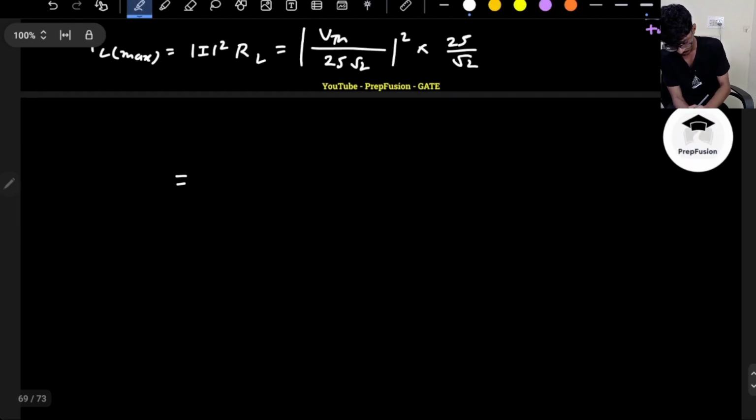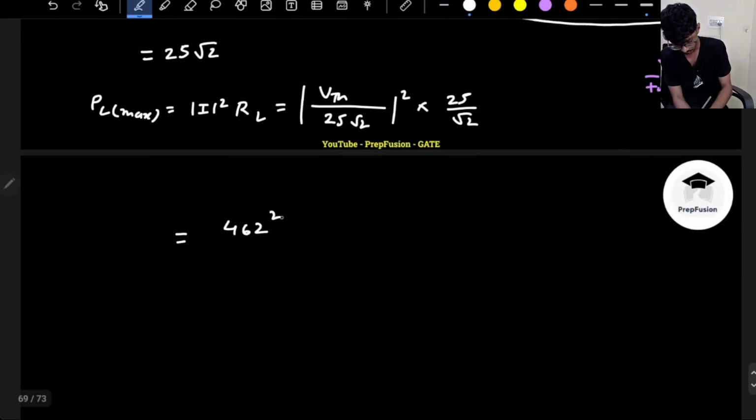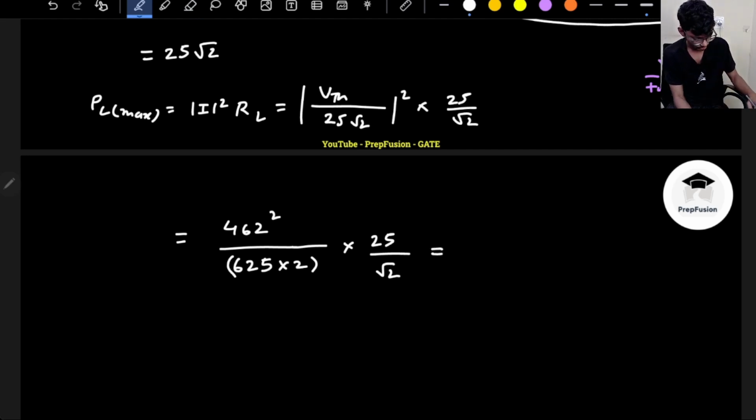So this will be 462 divided by 25 root 2, whole square, into 25 divided by root 2.